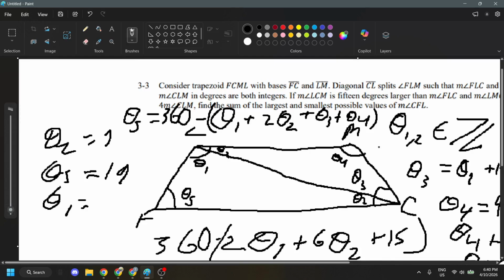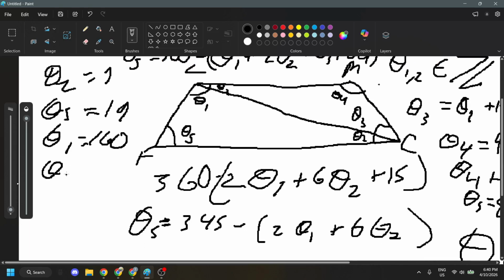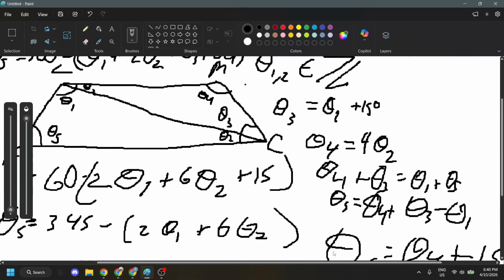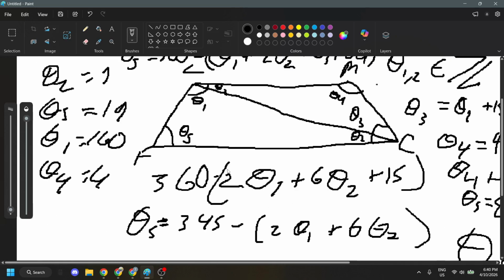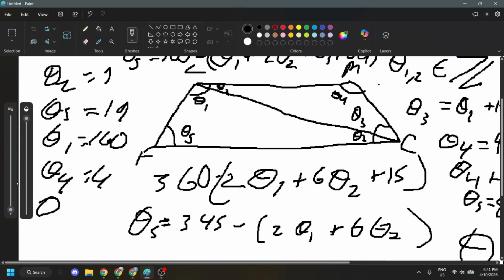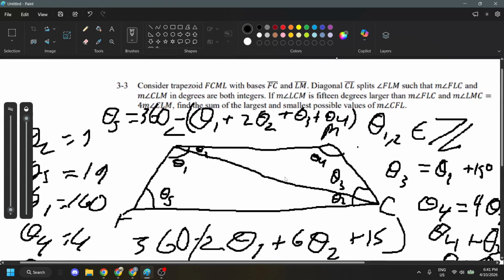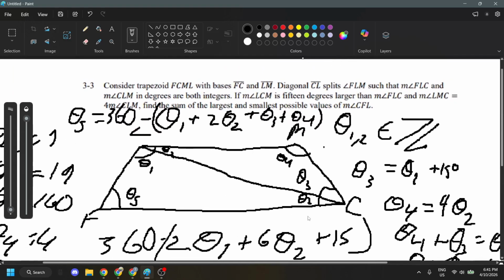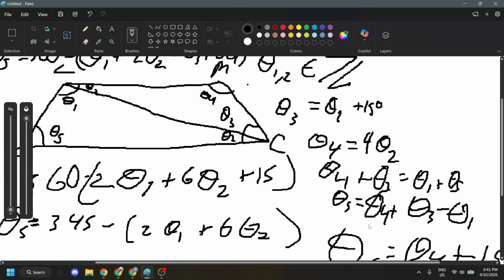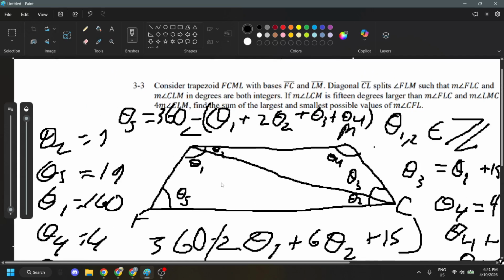Or 180 minus 20, which is 160. So then it makes theta 4 equal to 4, which then makes theta 3 equal to 175. So does this fulfill everything we need? Theta 3 is equal to theta 1 plus 15. Yep. Theta 4 is, yep. And theta 4, yep. Okay, cool.